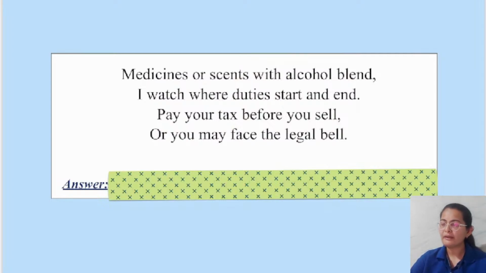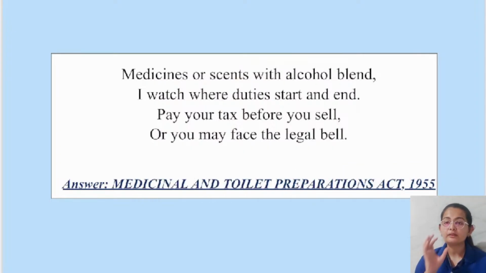Yes, it is all about the Medicinal and Toilet Preparation Act, because in that act we have seen that it talks about alcohol-containing drugs and toilet preparations. Whenever you use alcohol in your manufacturing, you must also pay the applicable duty, and the excise commissioners have a look that you are not illegally using the alcohol for manufacturing of toilet preparations. All of that is dealt with in this Medicinal and Toilet Preparation Act of 1955.